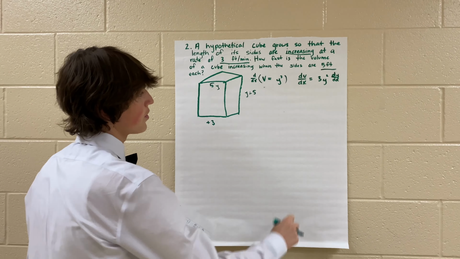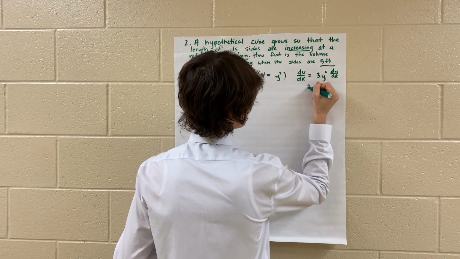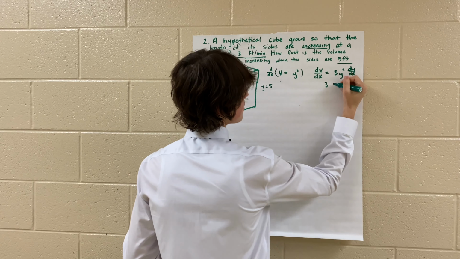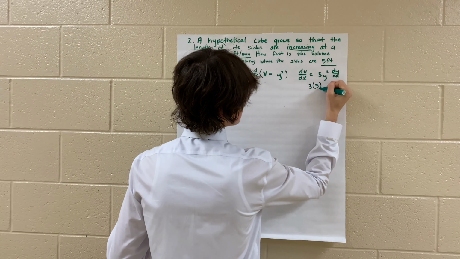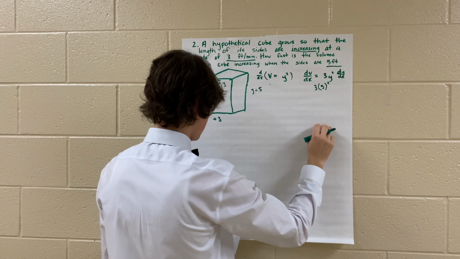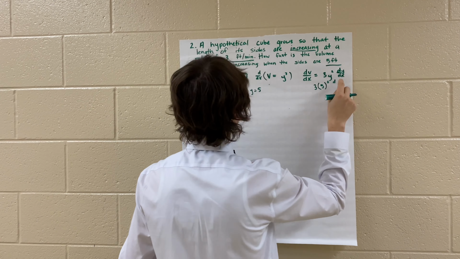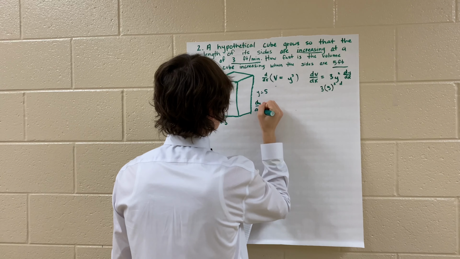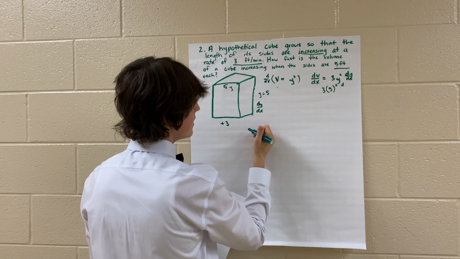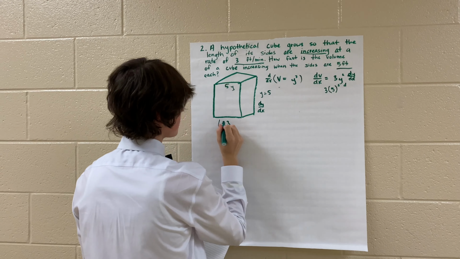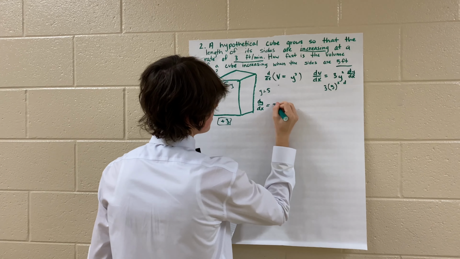And then you can just plug it in. We know our y is 5 from right there, so we'll have 3 times 5 squared, and then we still have our dy over dx, which we know is 3 because that's already given.